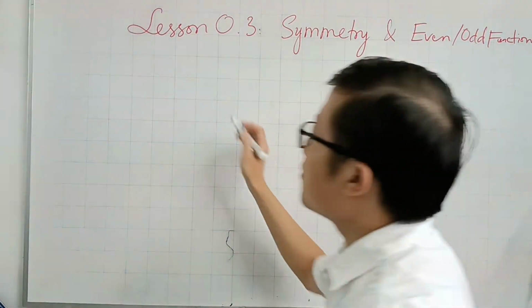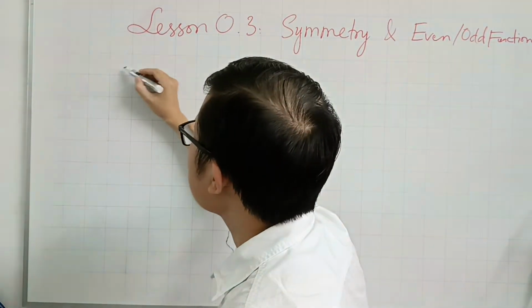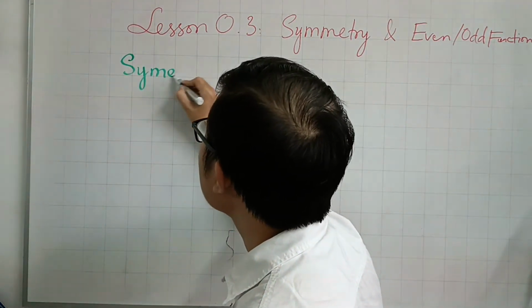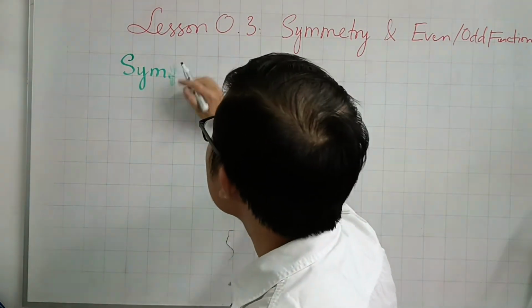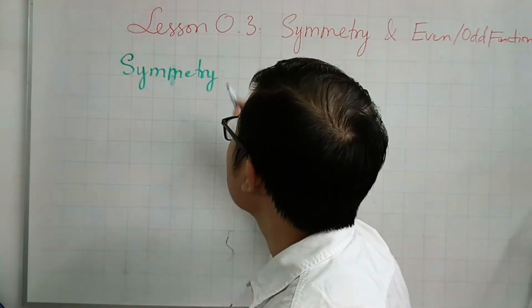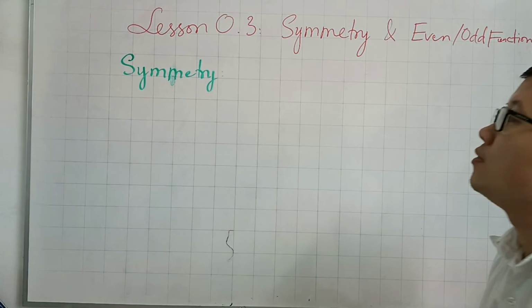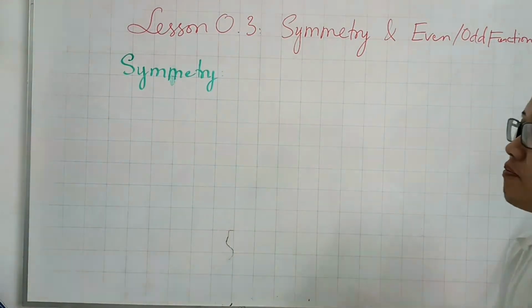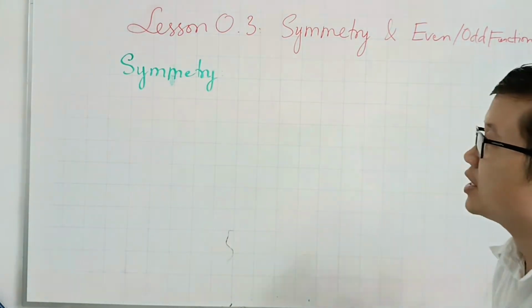First, let's talk together about symmetry. We have three types of symmetry.